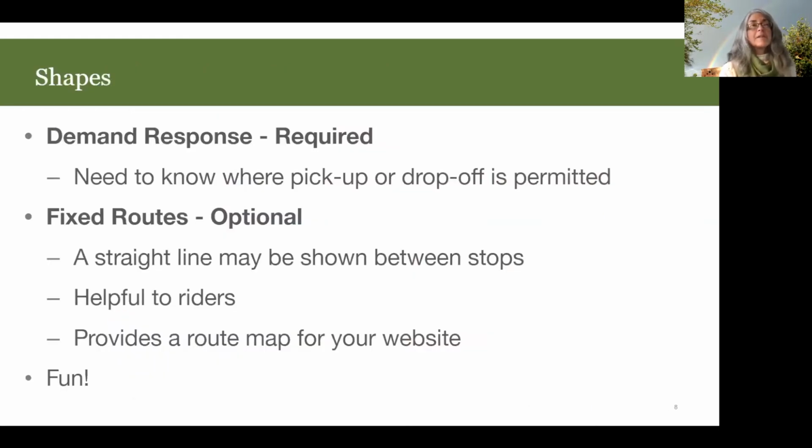While shapes are required for the demand response service and the flex service that we are offering, we're creating the shape so that the physical route on the road is the one where riders could be standing to be picked up. That's our purpose in creating the shape. For fixed route, it is optional to create shapes.